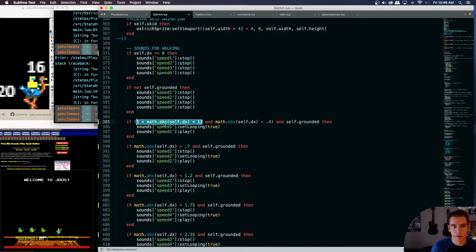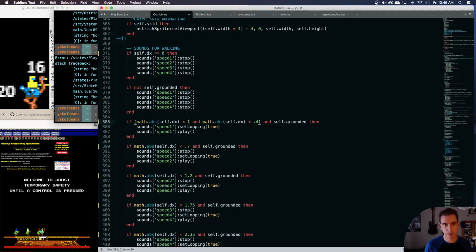But in Lua we're not able to do that, so we have to give it two conditions: greater than 0 and less than 0.4 and grounded, then you do your speed 1 play.